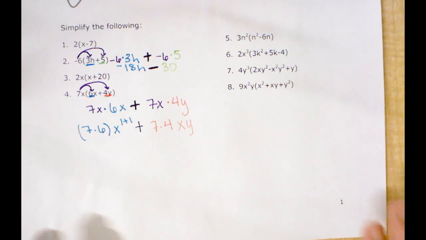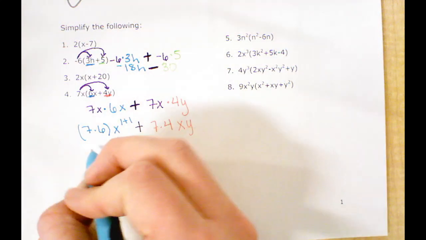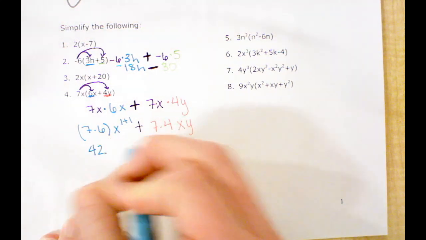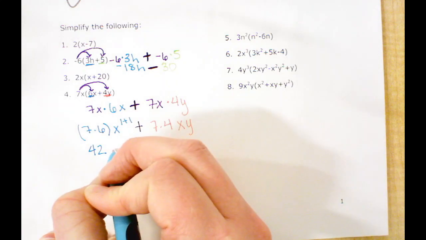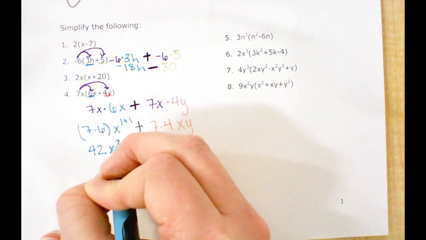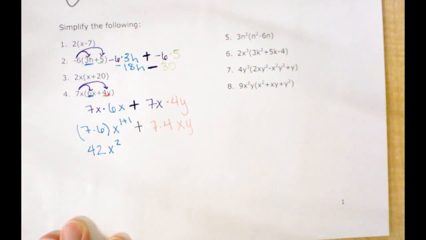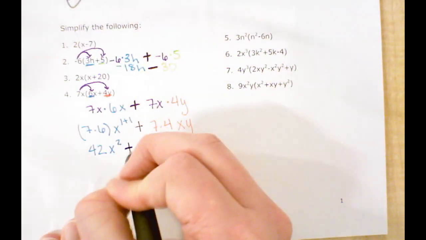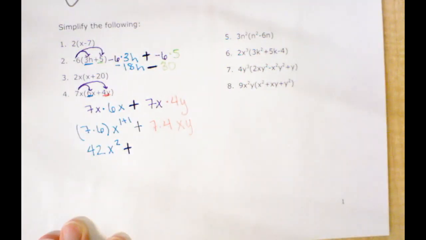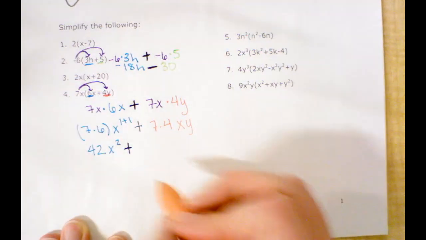Let's move that up a little bit and let it focus again. Okay. So now we have 7 times 6. What is that? 42. 1 plus 1 is? 2. So we get x squared. Plus, we didn't change our sign at all. 7 times 4 is 28, right?